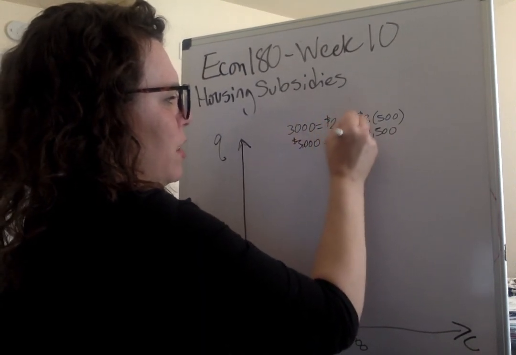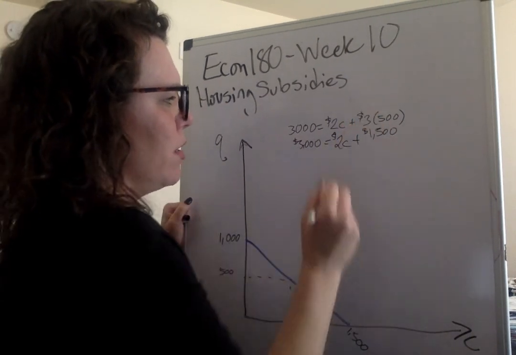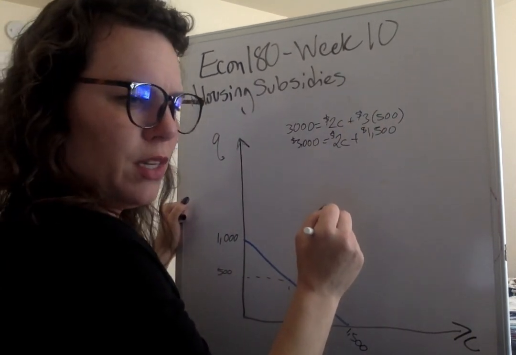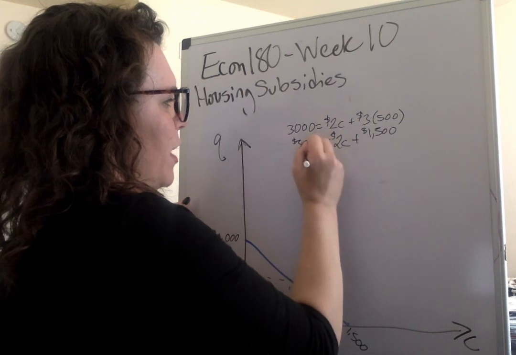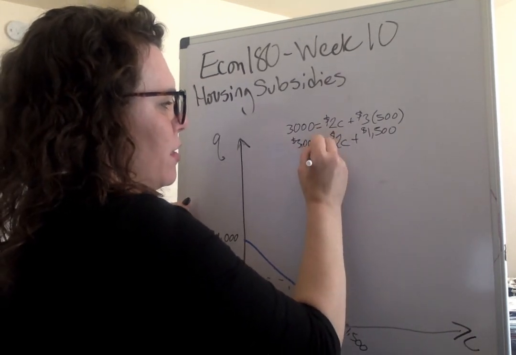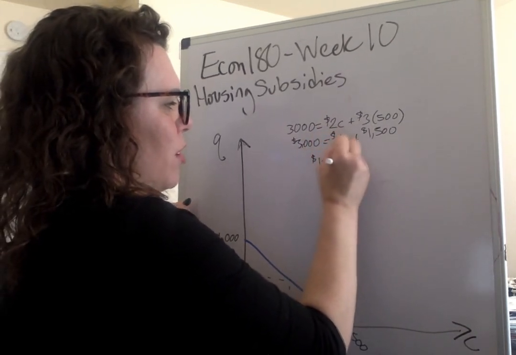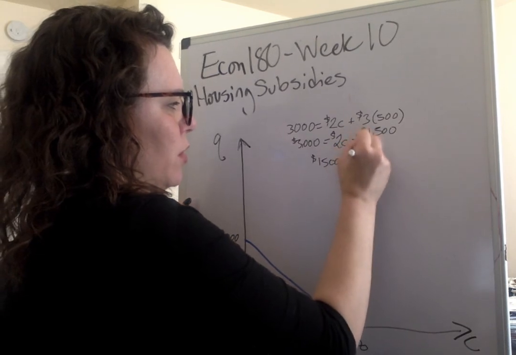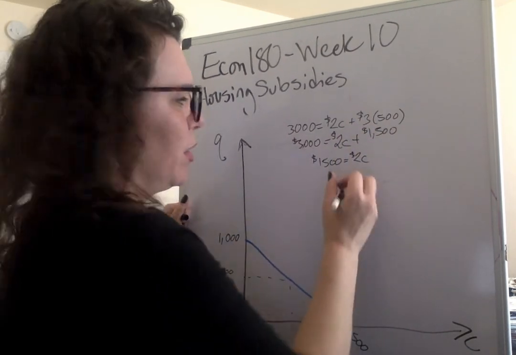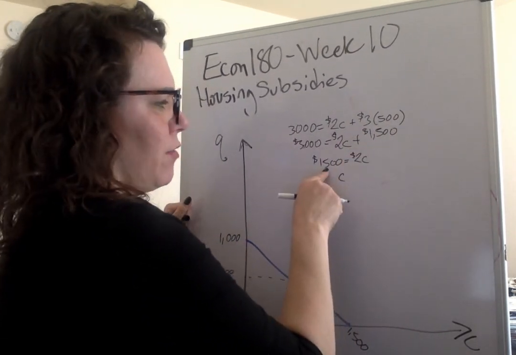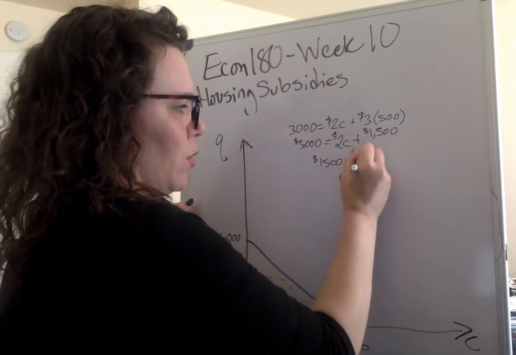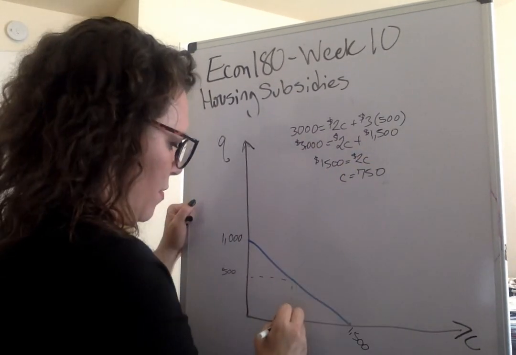The rest is going to be spent on everything else. So 3,000 minus 1,500 is $1,500 equals $2 for every unit of C, which means we're going to be consuming 1,500 divided by 2, so C equals 750.